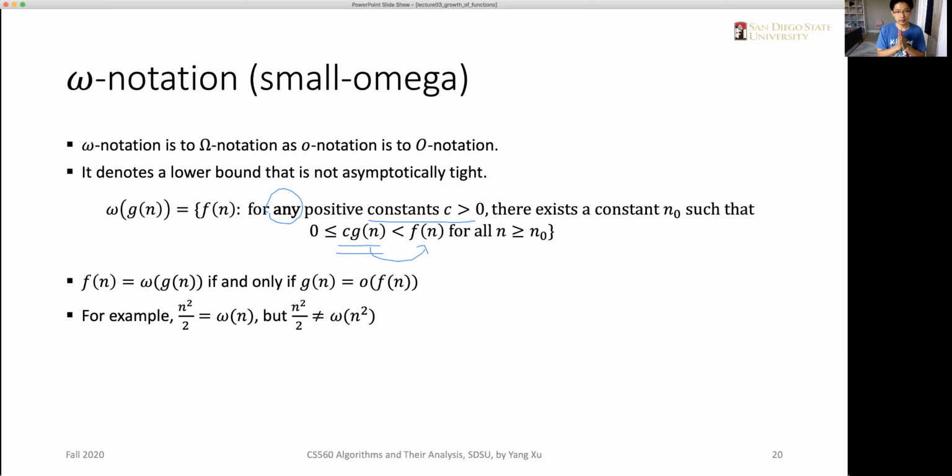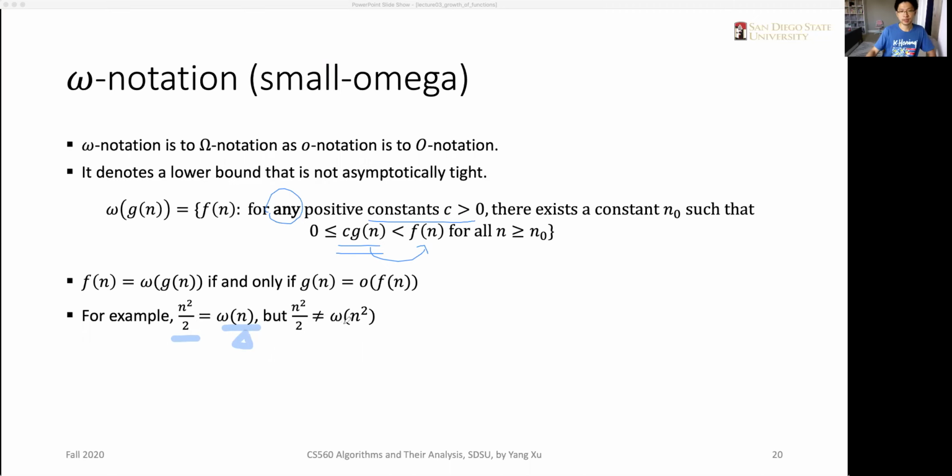Using the quadratic function again as an example, we'll see that the quadratic function n squared over 2 is the small omega of n, because the linear function is always smaller than a quadratic function, as long as n is big enough.